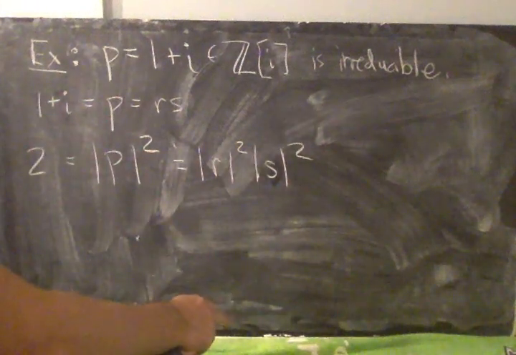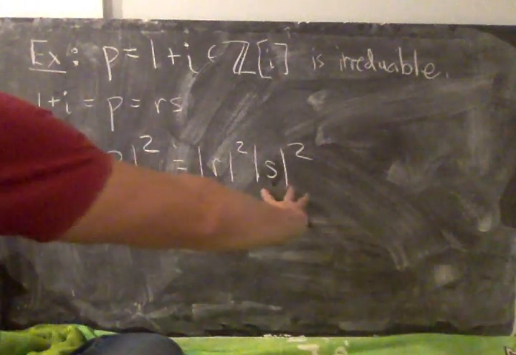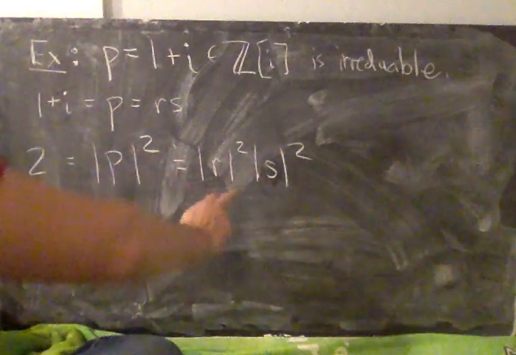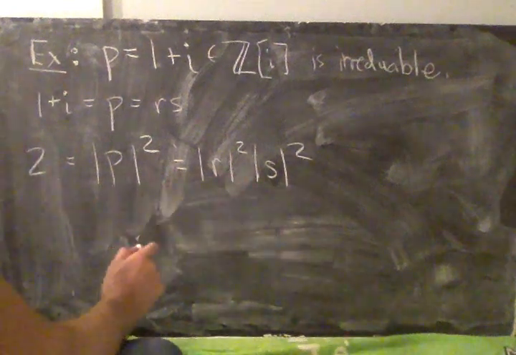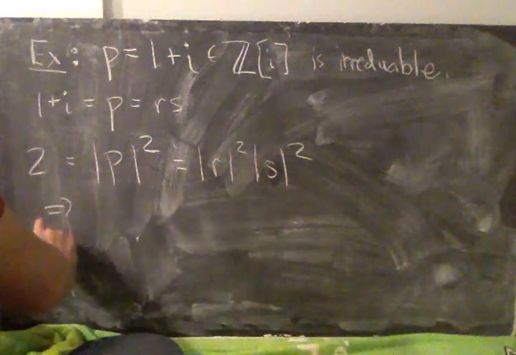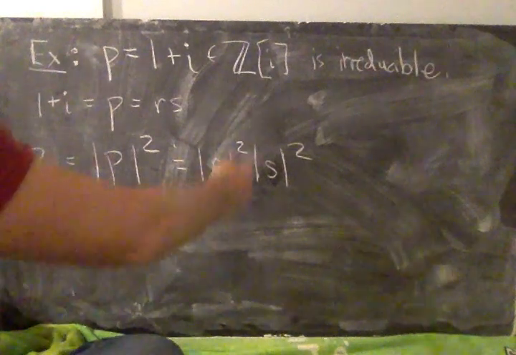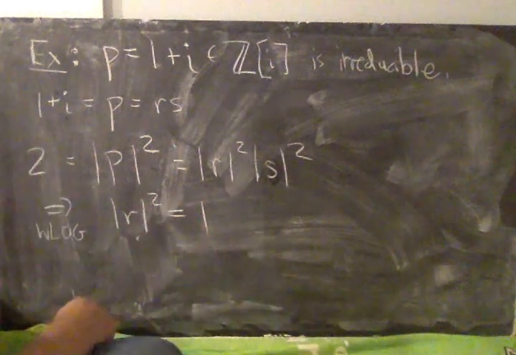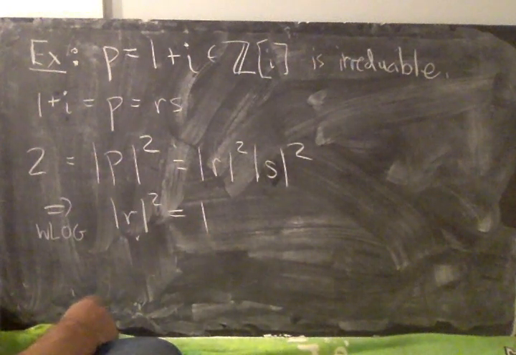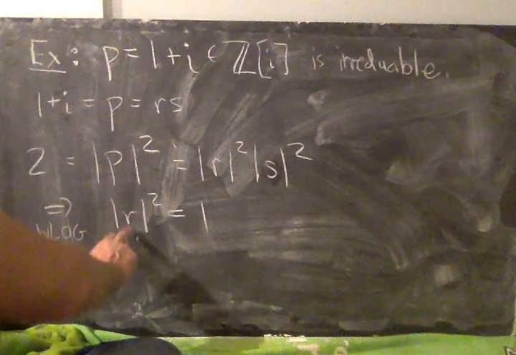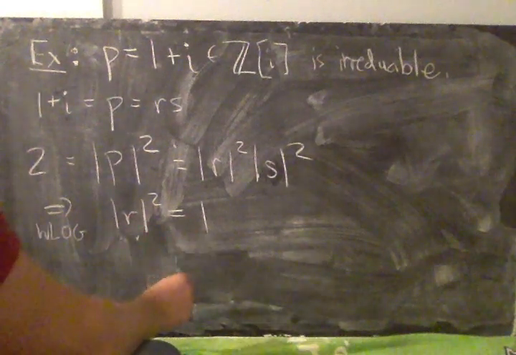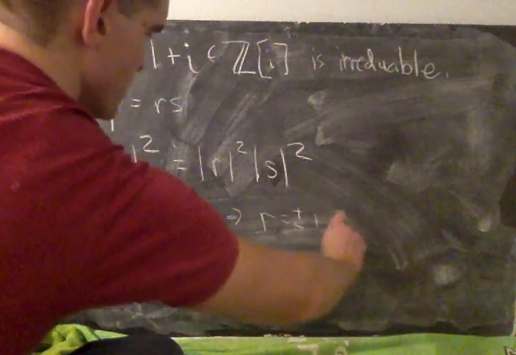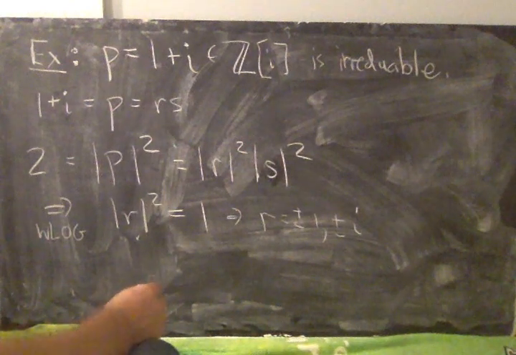And this is equal to norm r squared times norm s squared, right? And so what we have is two non-negative integers multiplying together to be 2, but 2 is prime. And since these are non-negative, that means that one of these is 2 and one of them is 1. Right? So without loss of generality, because r and s are just arbitrary labels, we can say that norm squared of r is equal to 1. But we saw in our previous example that if you have a Gaussian integer with norm squared equal to 1, that implies that r is plus or minus 1 or plus or minus i, which are the units.